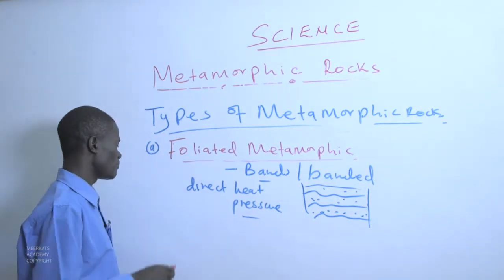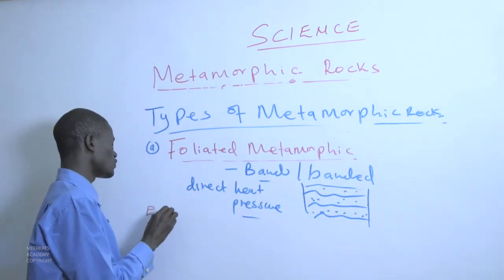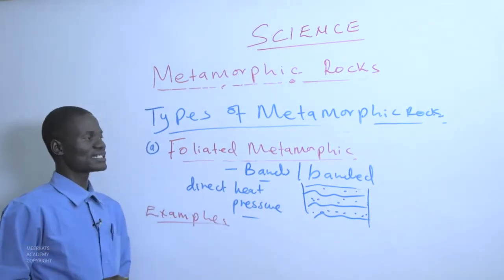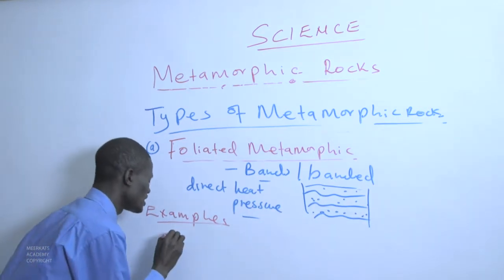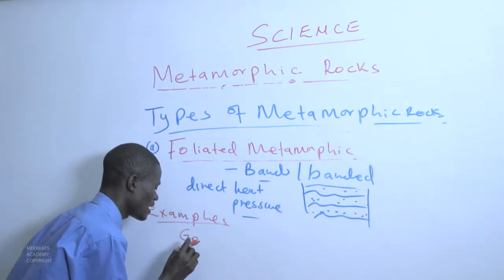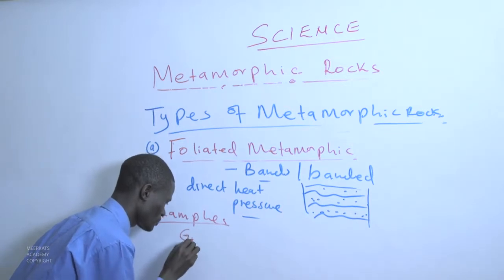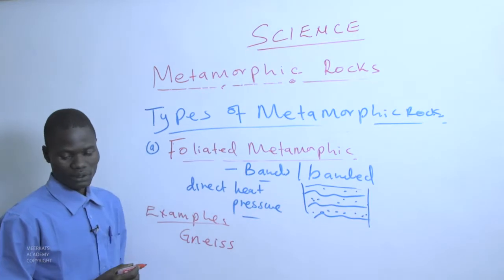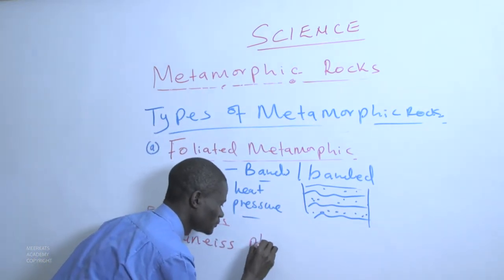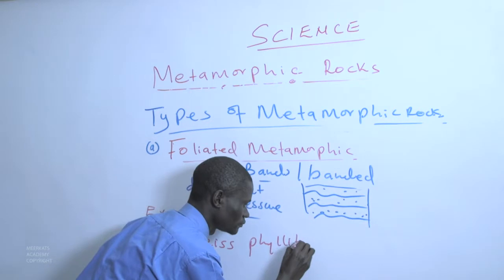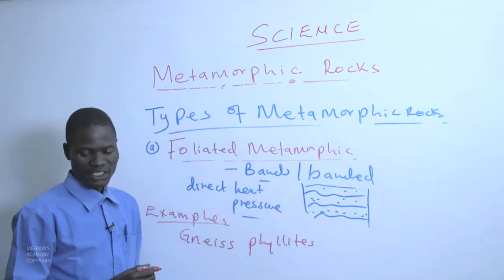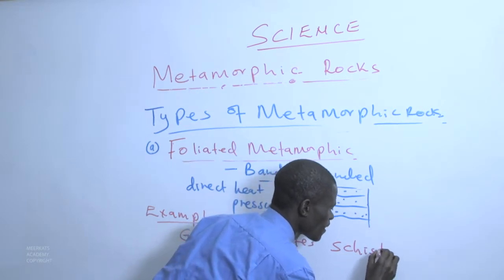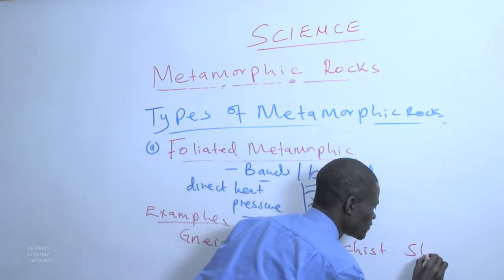And the best examples that we can easily see of the foliated metamorphic rocks include gneiss. We also have the phyllite. Then we have schist. And lastly, we have the slate.